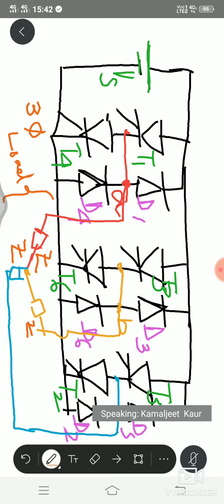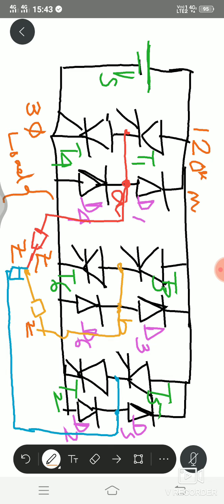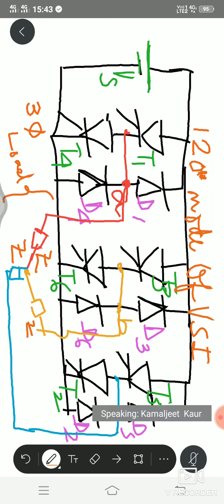Now, what is actually happening in 120-degree mode of VSI? In 120-degree mode of VSI, first thing is that in the upper group, means 1, 3, 5, there will be a phase angle difference of 120 degrees. And between the lower group, similarly, that is T4, 6 and 2, again a 120-degree angle difference will be there.